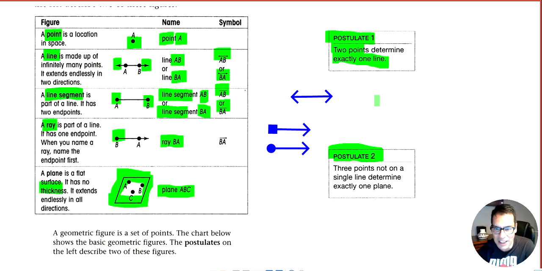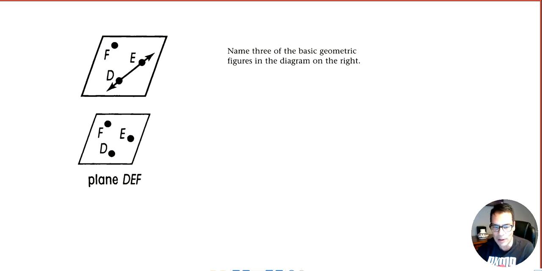So any 2 points in space are going to make one line only. Now, if you have 3 points and they're not on a single line, kind of like you see here on the plane, then it's going to make exactly one plane. So 2 points are going to make exactly one line, that's postulate A, and then 3 points that are not in a single line are going to make what we call a plane.